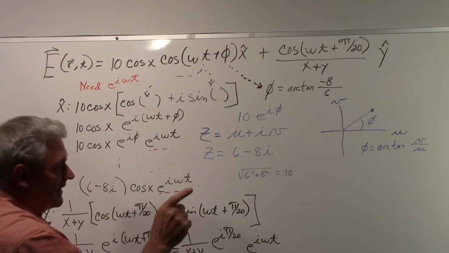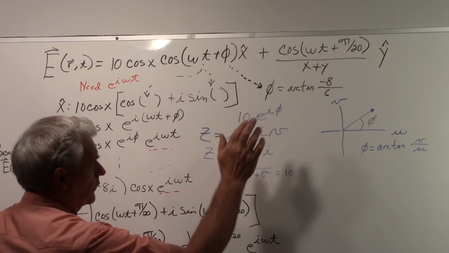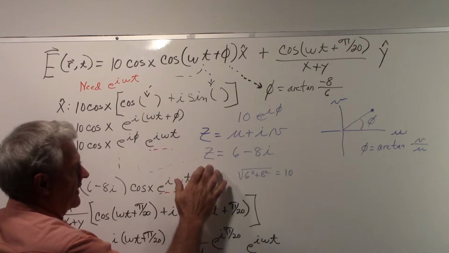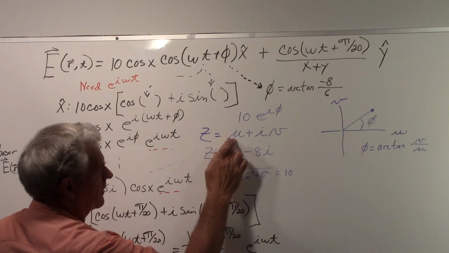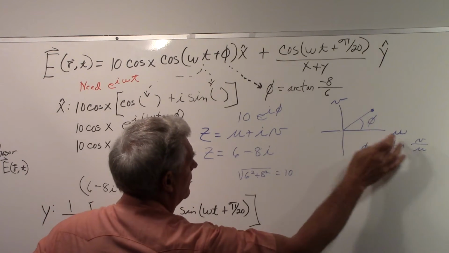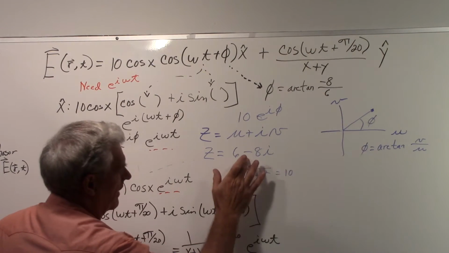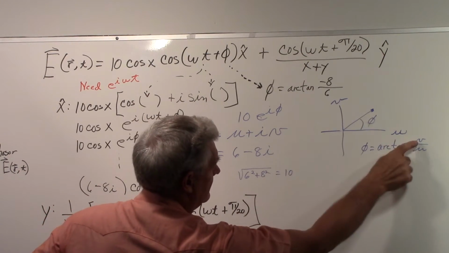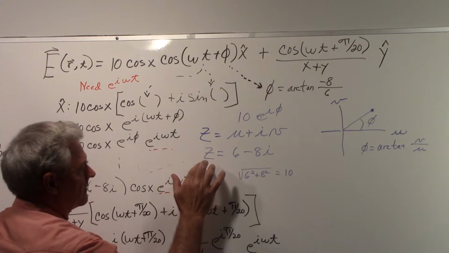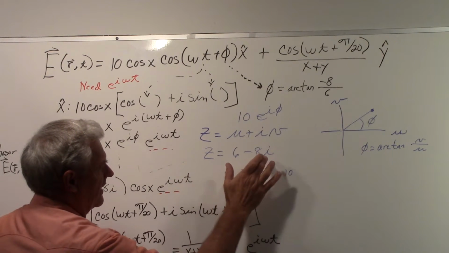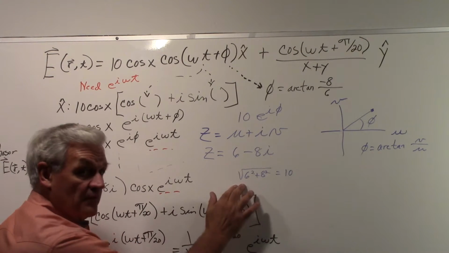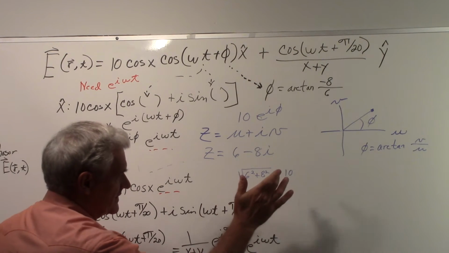So if we look at that, we can see with phi being the arctan of minus 8 over 6, z would then be equal to the u, which is 6, minus 8, which is the v. So z is equal to 6 minus 8i, and the square root of the sum of the squares of those two numbers is 10.